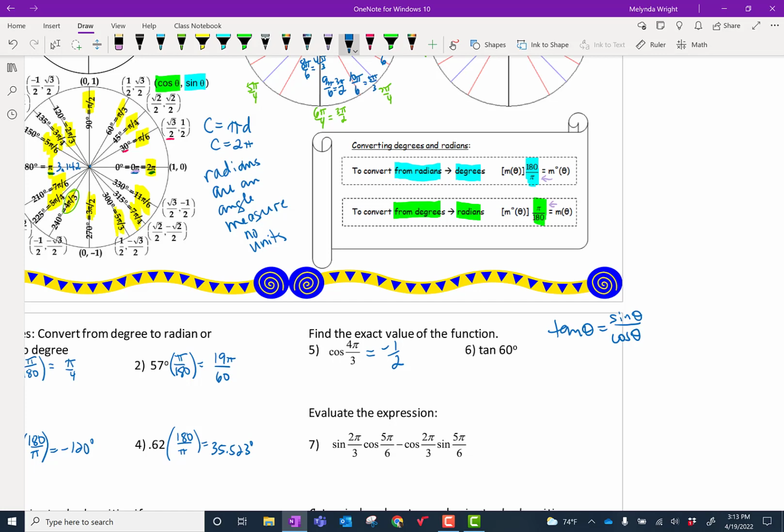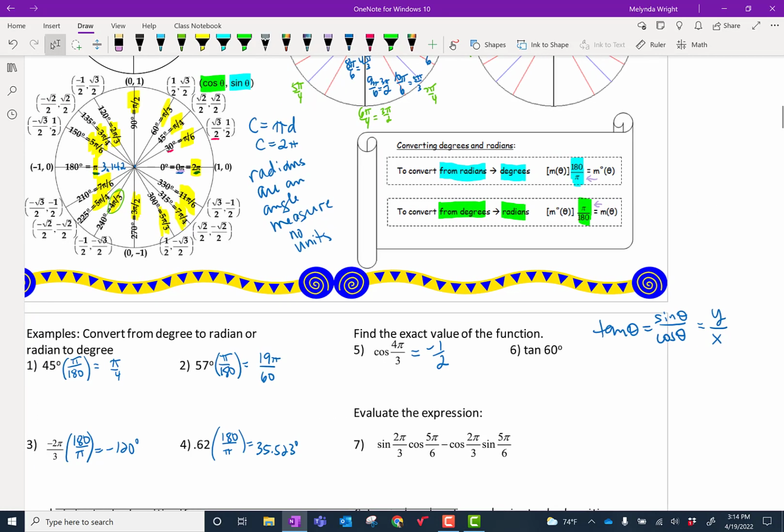We equate sine with the y, and cosine with the x. So when we find tangent of an angle measure, we want to do a fraction and find sine of 60 degrees over cosine of 60 degrees, and then we just simplify the fraction.